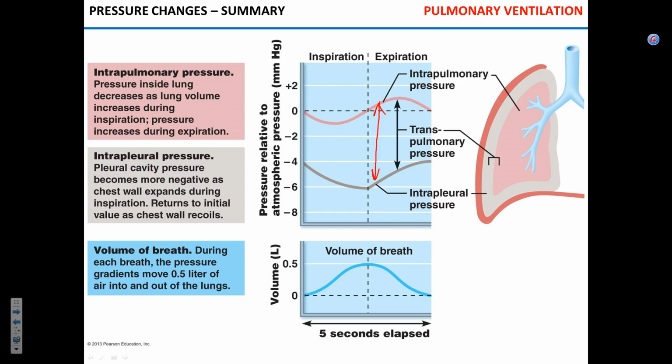Does that make sense? Now it changes here from -4 at the beginning of inspiration. It's -6 at the end. Do you see that change? So the change actually is 2 millimeters of mercury, right? From -4 to -6.